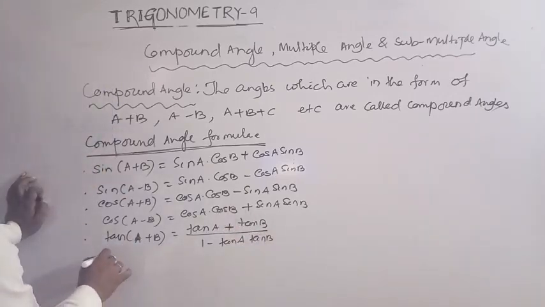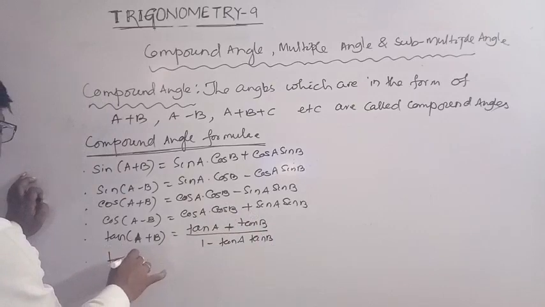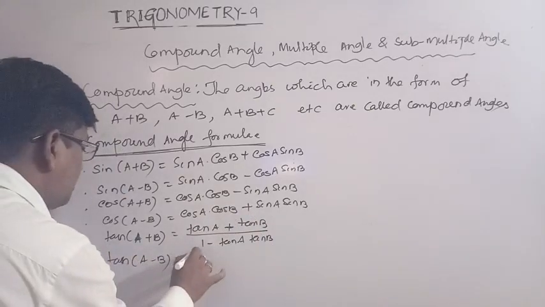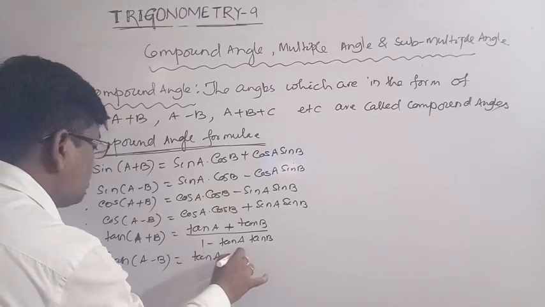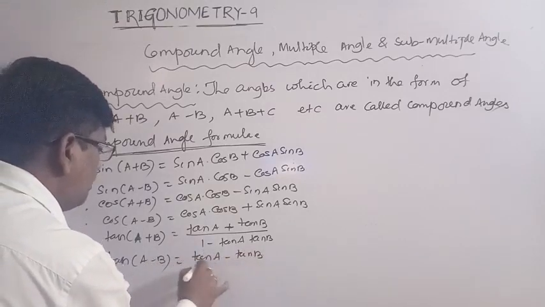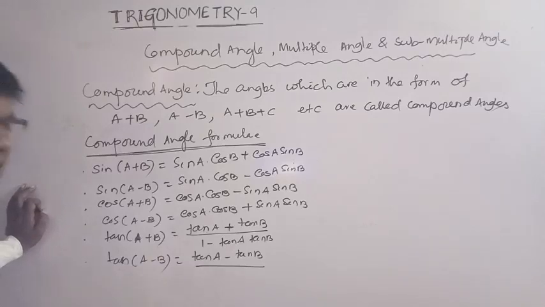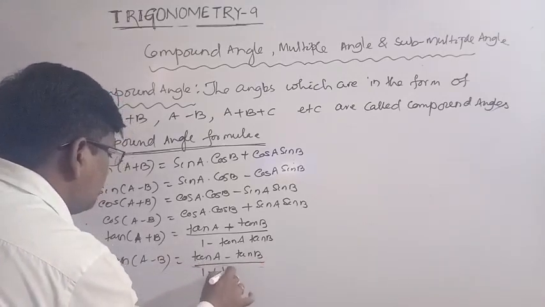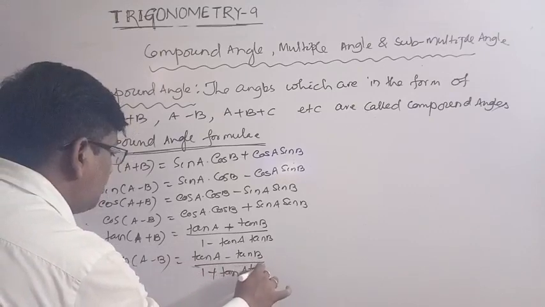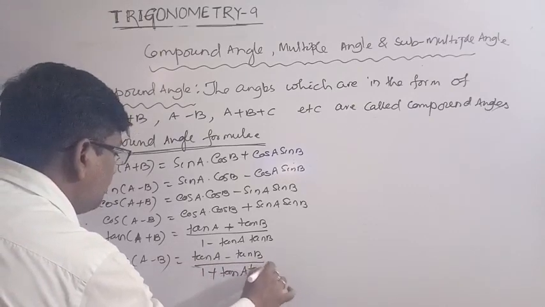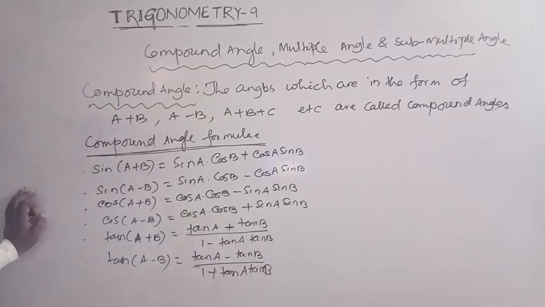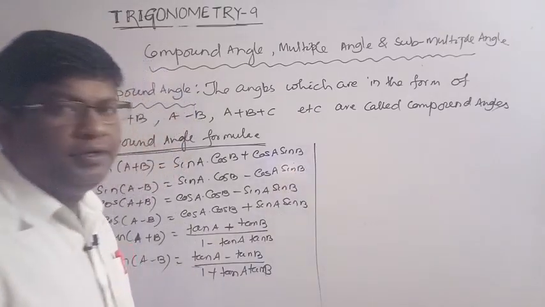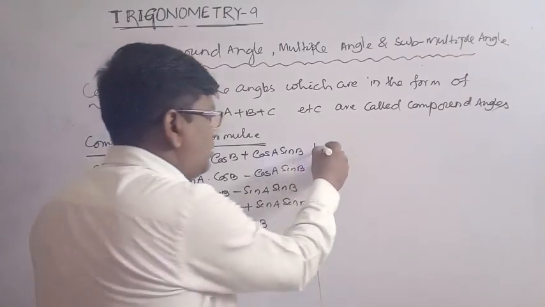Now tan a minus b is equal to what? Tan a minus tan b divided by 1 plus tan a into tan b, clear? And then cot a plus b is equal to what?